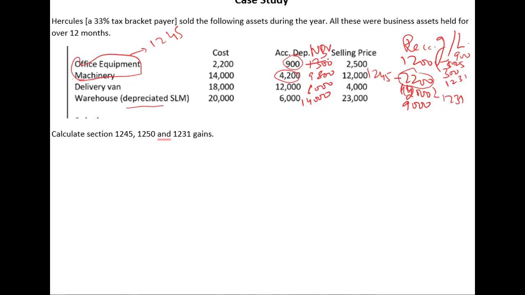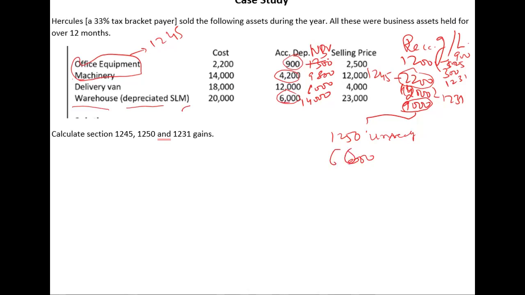Now, if we talk about 9,000, this is a warehouse, which is real property. So it will have 1250 unrecaptured gain or recaptured gain. The unrecaptured gain for this is up to the 6,000 depreciation, because this is the SLM method. So unrecaptured gain is 6,000, and recaptured will be 0 because SLM is equal to the accumulated depreciation.